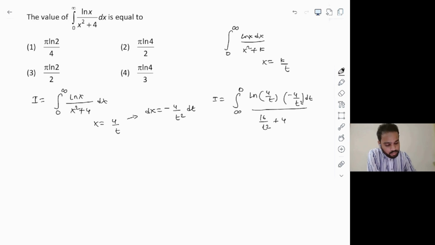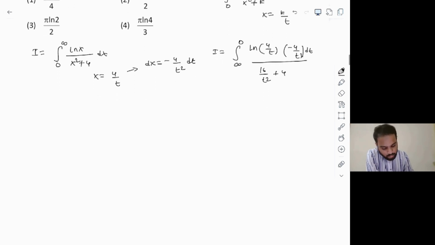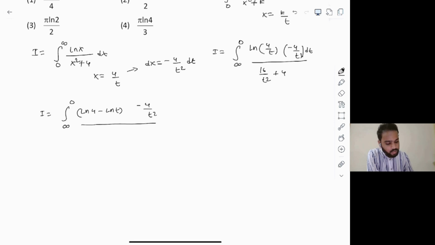Okay. Now let us try to simplify this expression here. So capital I will be equal to integral infinity to 0. I'm going to write this ln of 4 by t as ln 4 minus ln t. And this is minus of 4 divided by t square, and whole divided by, in the denominator part, you can take 4 common. And after taking LCM, you get this as t square plus 4 whole divided by t square.